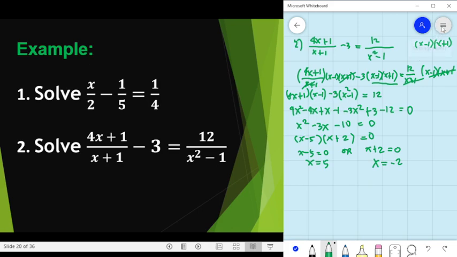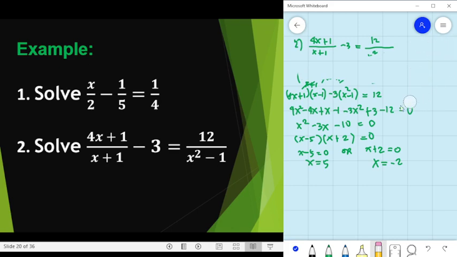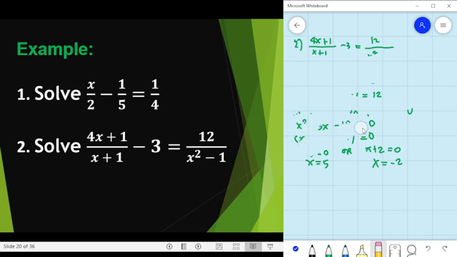Okay, to check that, what we need to do is substitute here. So for case number 1, we have to replace x with 5.